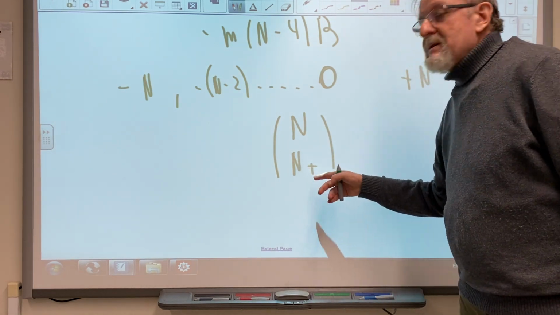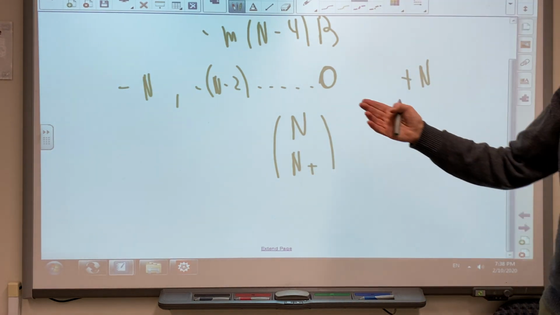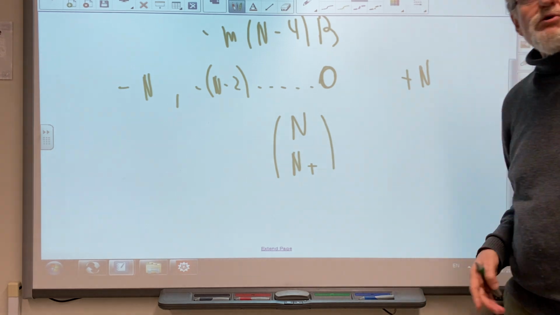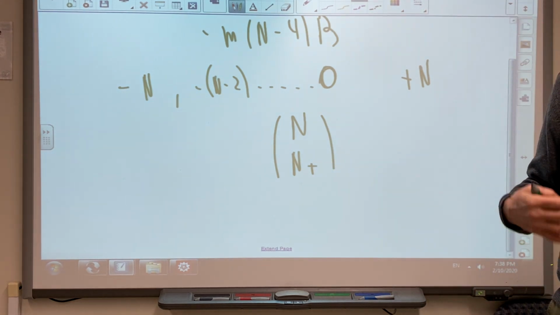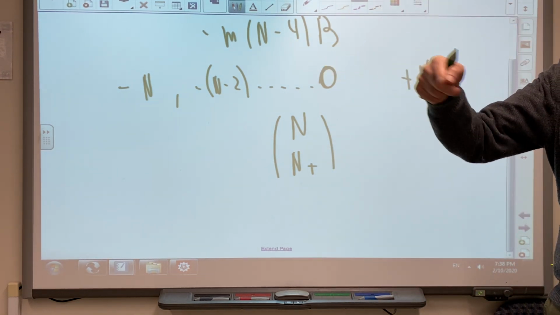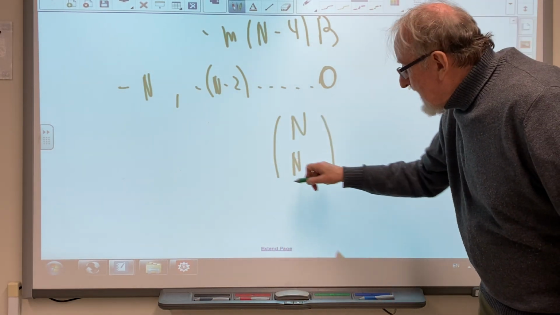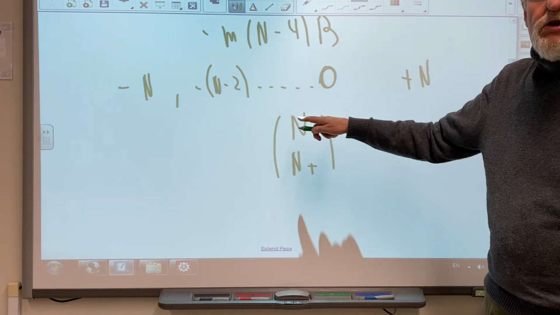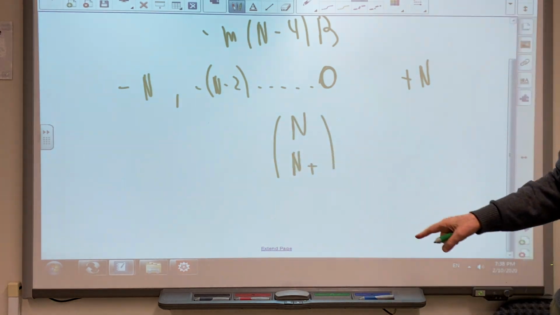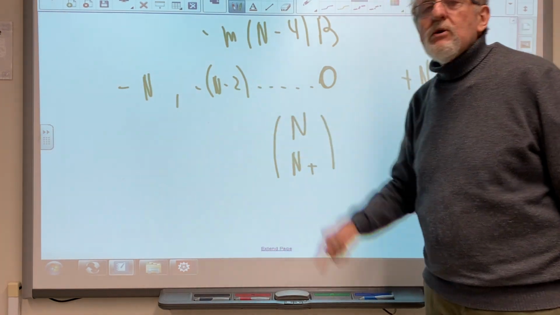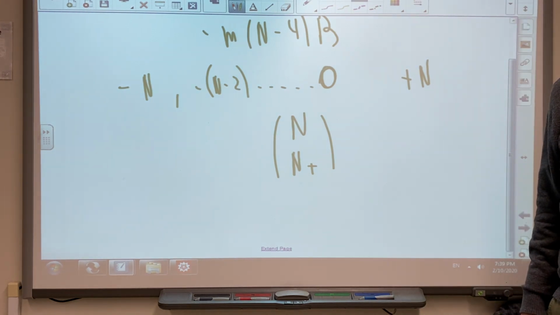And if n up is n minus 2, it's the combinatorial n choose n minus 2, which is the same as n choose 2, which is n times n minus 1 over 2, and so on. So this is the number of configurations, of the microconfigurations, associated with one particular level of energy.